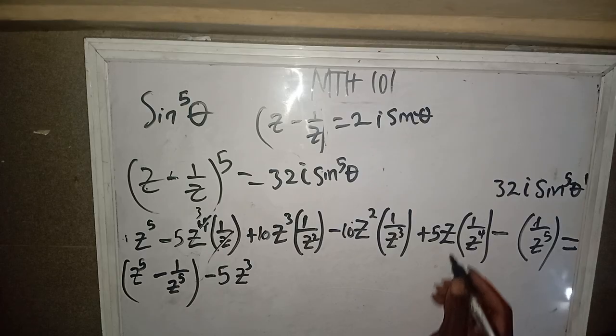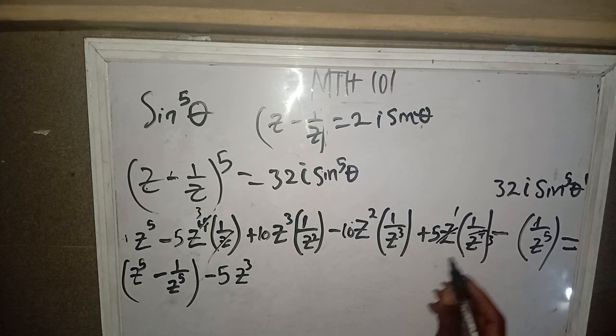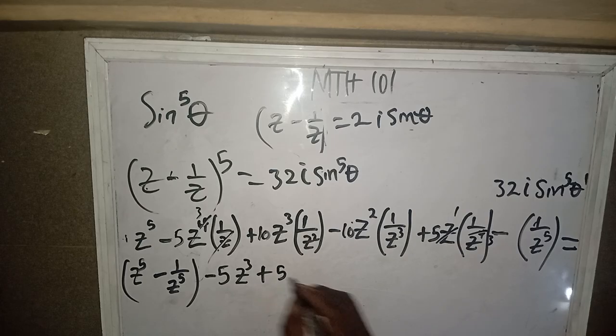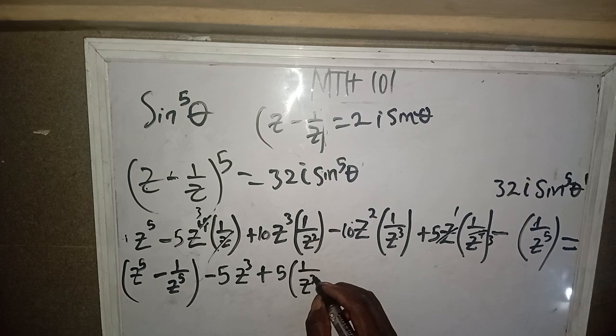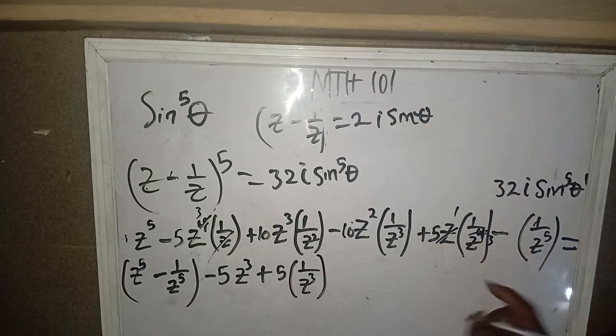Are we together? Z in 4, you have cube left here. Then you have plus 5 multiplied by 1 over z cube. See, I use 1 z to cancel. This one is 4 before, so I use 1, so I will have cube left here. That's it. So I'm gathering the cube together.